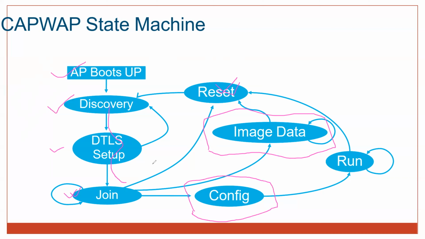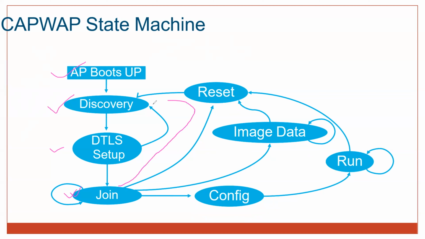So you can see that once they join the fabric, again they are rebooting. Once they upload the image, again they are rebooting. Once they receive the config file, again they are rebooting, right?